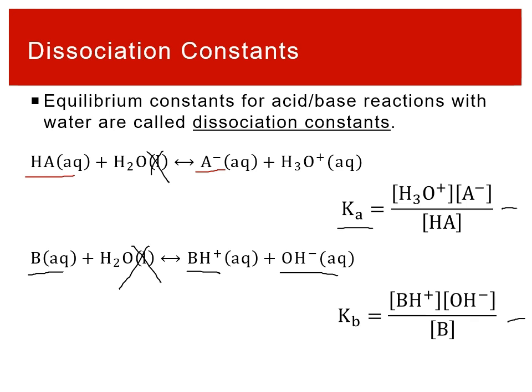We call these dissociation constants because it really comes from the idea that the acid is dissociating, meaning falling apart, and so the H is leaving the acid. We thought it just kind of fell apart and floated around. Now we know it goes to the water, but that's historically where this terminology, dissociation constants, comes from.